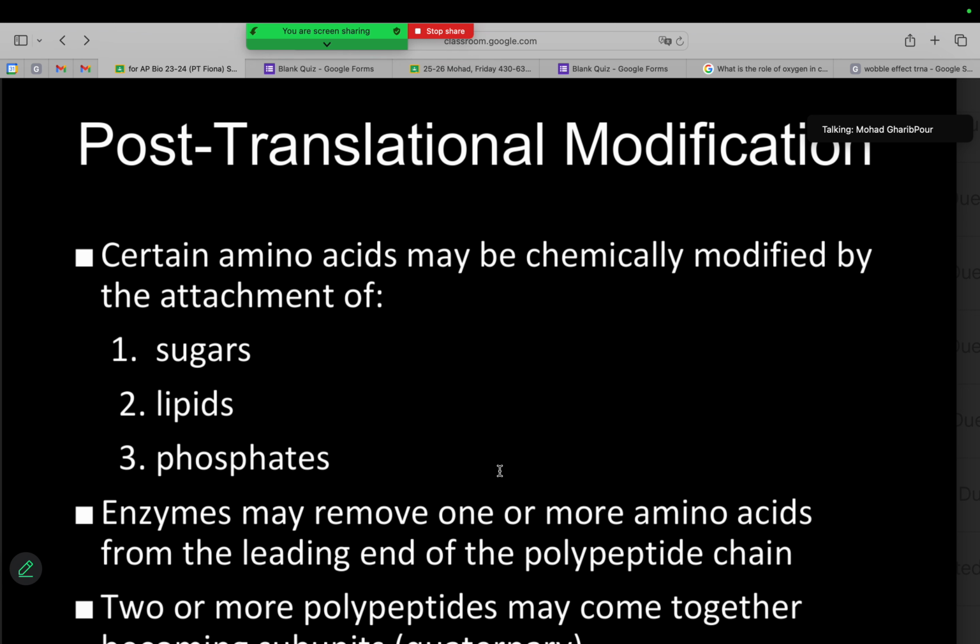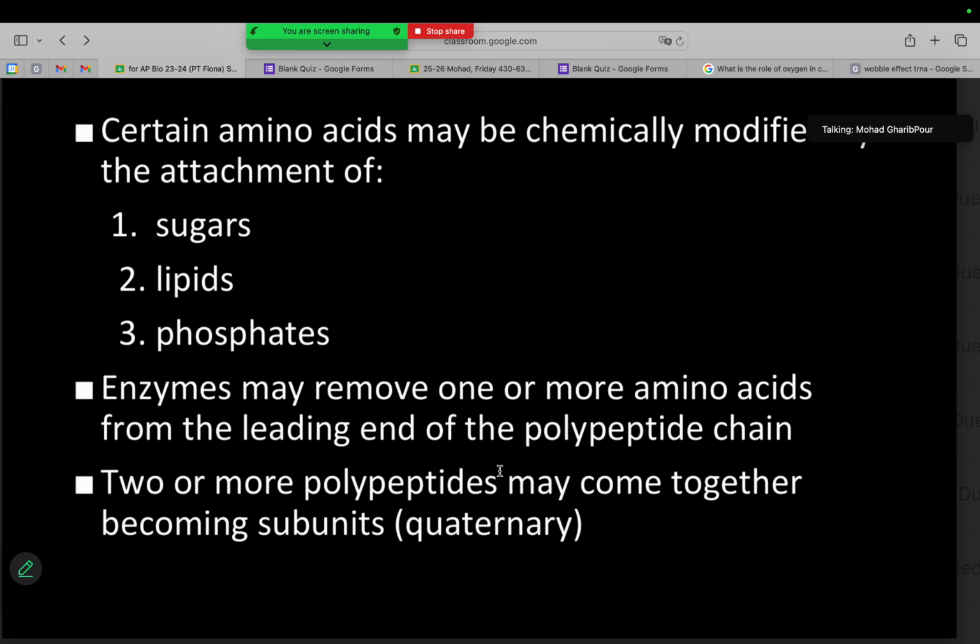Certain amino acids may be chemically modified by the attachment of, how are we modifying? We can add sugars, we can add lipids, we can add phosphate groups. Enzymes may remove one or more amino acids from the leading end of the polypeptide chain.